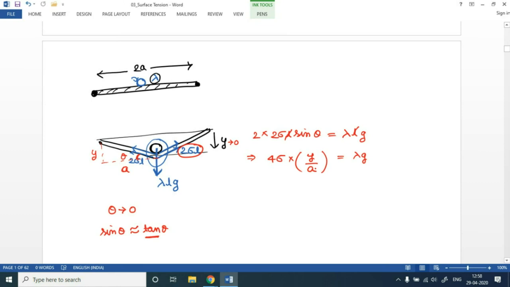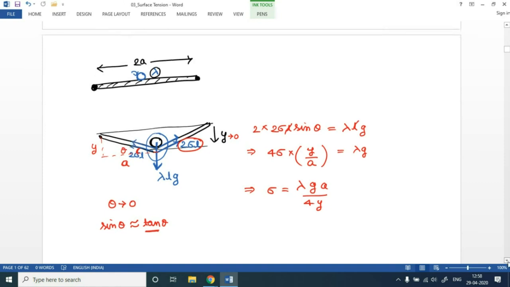This gives us sigma equal to lambda g a divided by 4y. That is how in this question we were able to measure the surface tension of the liquid.